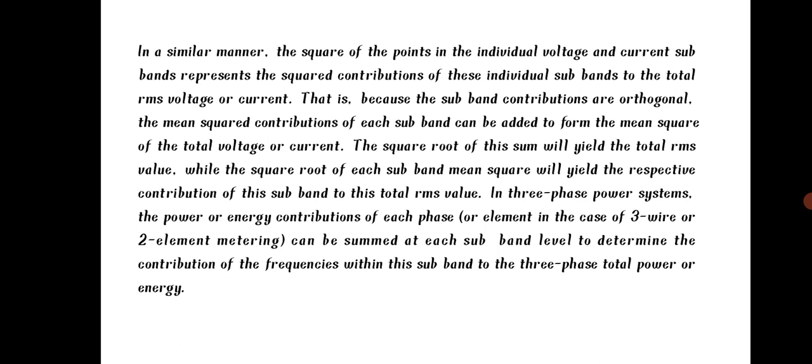Because the subband contributions are orthogonal, the mean squared contribution of each subband can be added to form the mean square of the total voltage or current. The square root of the sum will yield the total RMS value, while the square root of each subband's mean square will yield the respective contribution of the subband to these total RMS values.